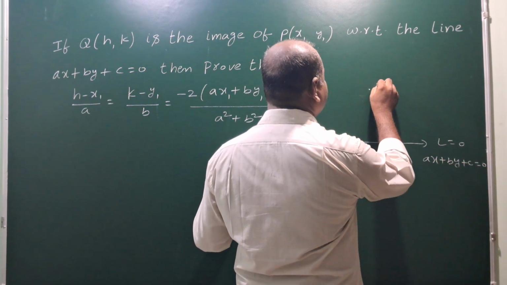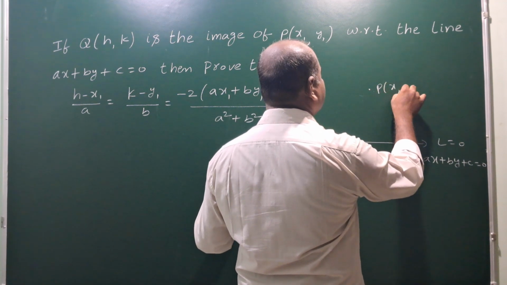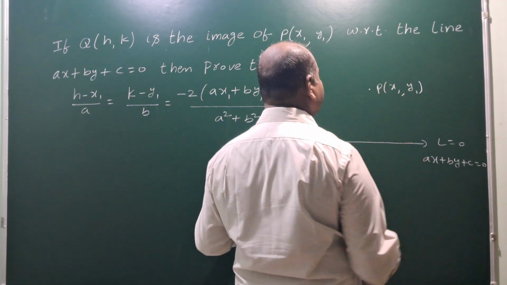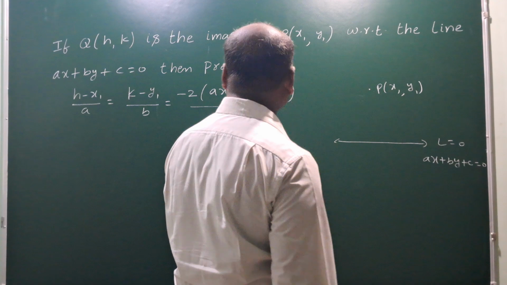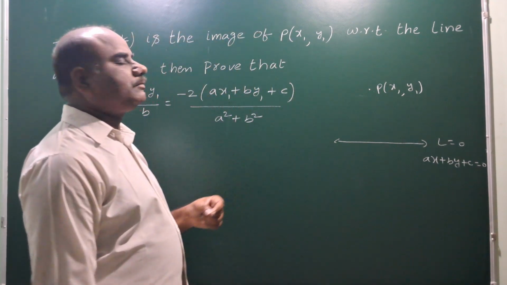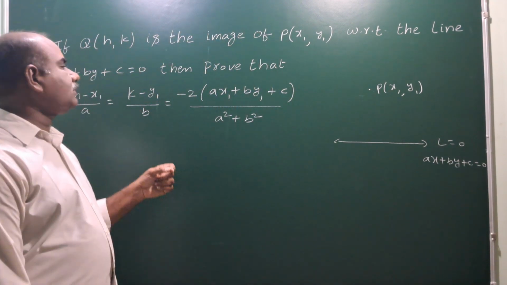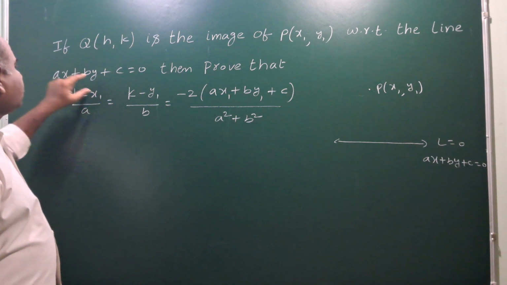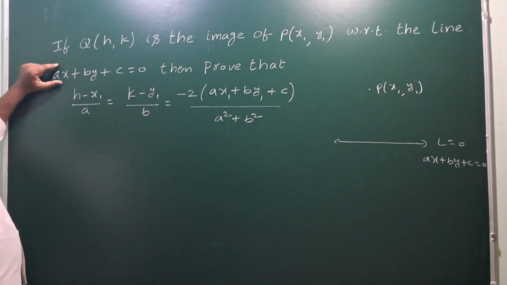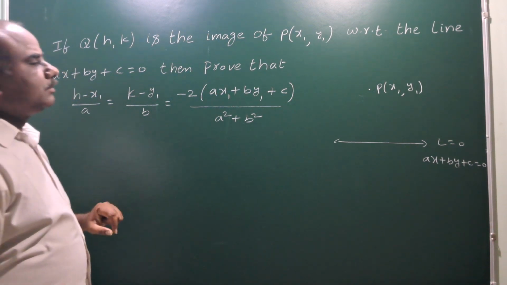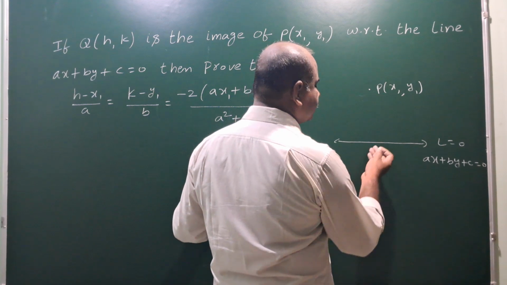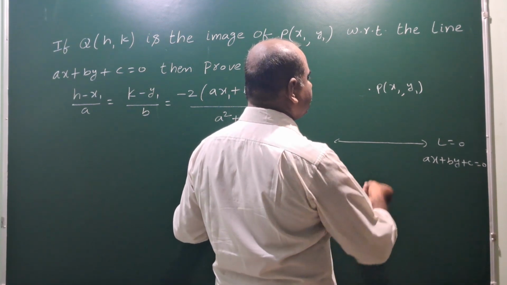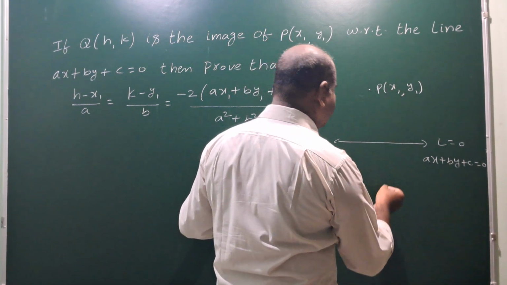Take a point here P(x1, y1), and Q(h, k) is the image of P(x1, y1) with respect to the line. That means this straight line behaves like a mirror. Then the image of this point is like this.